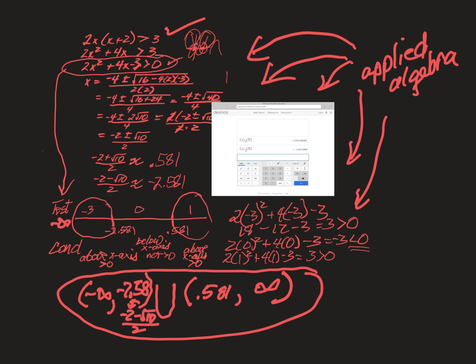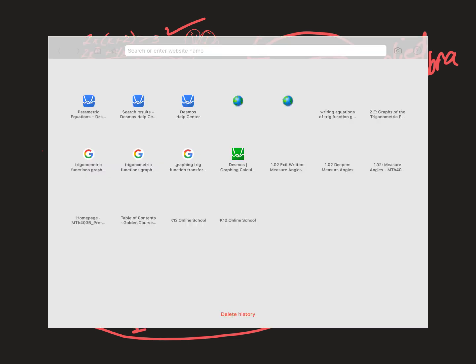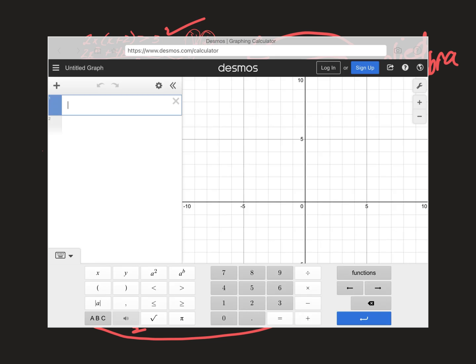The next thing that I want to say is that once you do the algebra and you interpret what it means, which is what we've done here and here, then you can often check it graphically. Now, I'm pretty comfortable that I've done this right, but I would like to make sure. So once again, let's go grab Desmos or a graphing calculator, and we're just going to graph this.